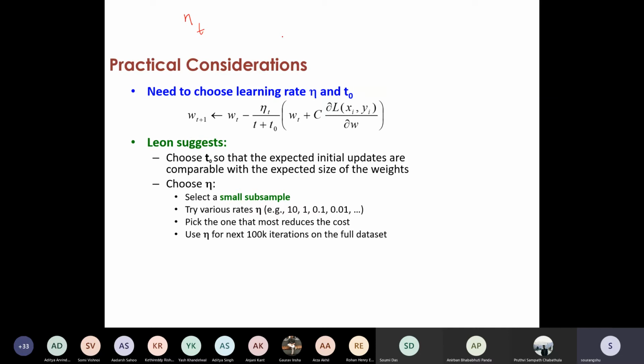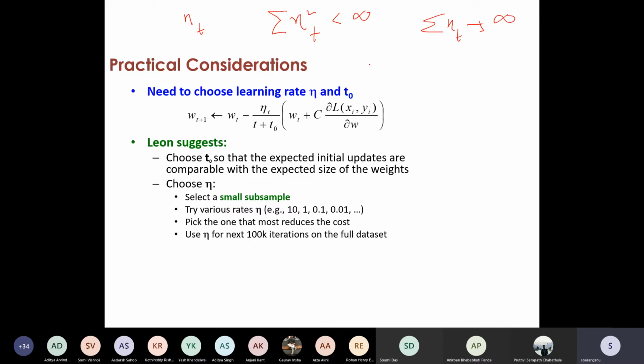If you remember, what we saw is that for a convergence guarantee in expectation, your eta t should satisfy that the summation over eta t square should be finite, and the summation over eta t should go to infinity, okay.